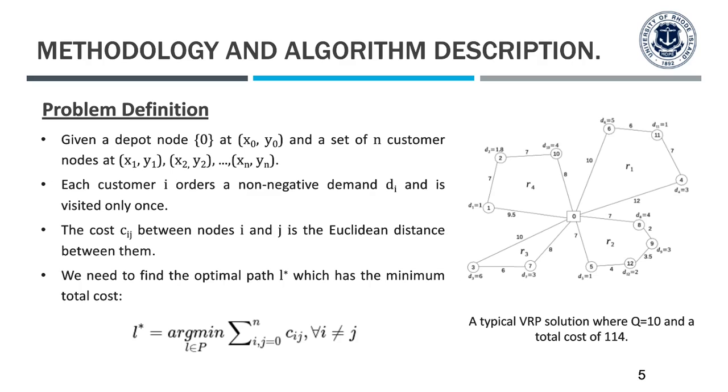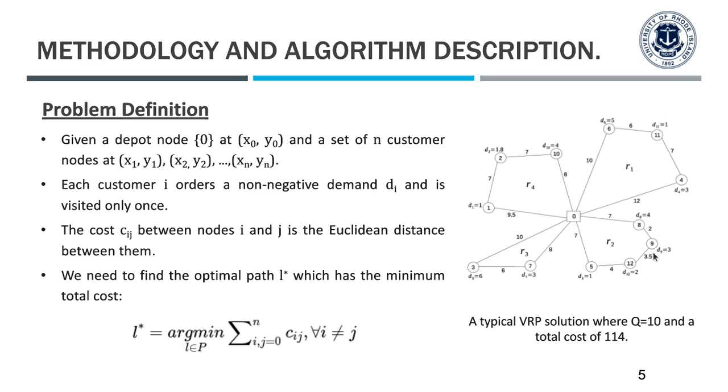The cost c sub ij between nodes i and j is the Euclidean distance between them. Our objective is to find the optimal path L star, which has the minimum total cost, and is defined by the below equation, where L star is equal to the path that causes the summation of the costs c sub ij, for i and j from 0 to n, to be minimum.